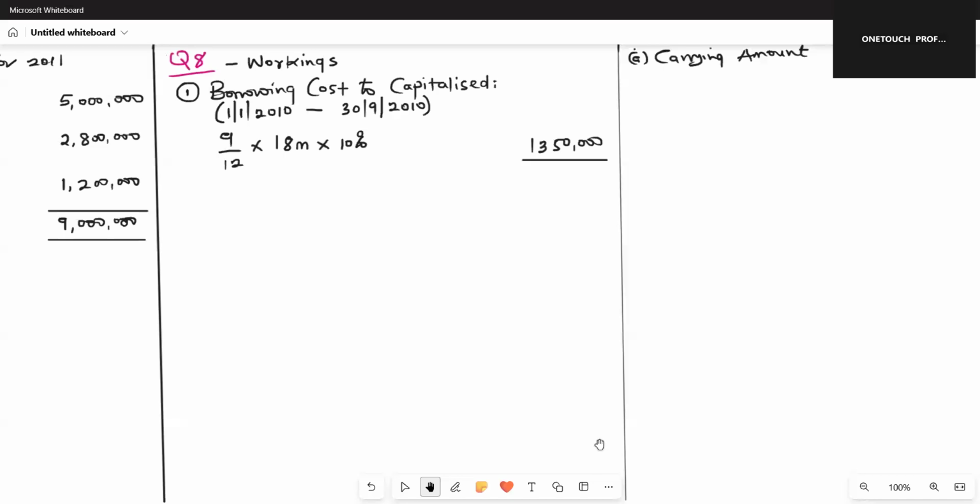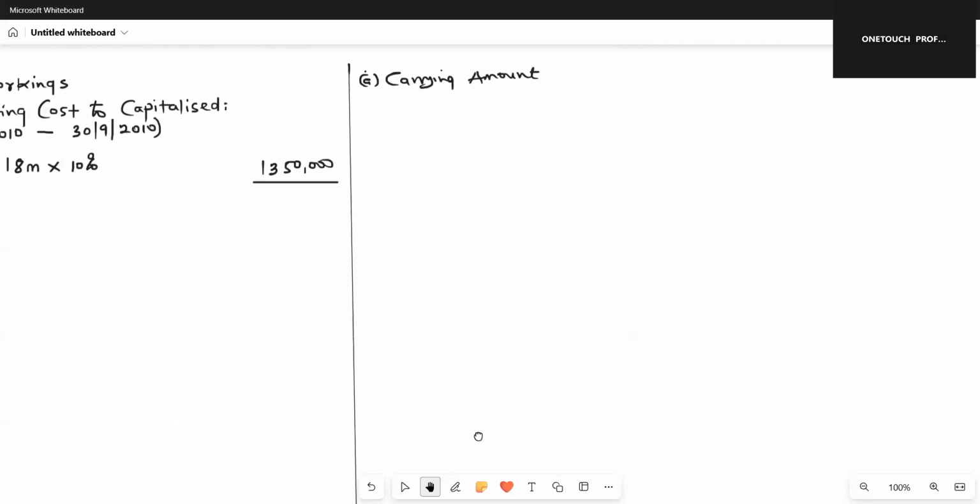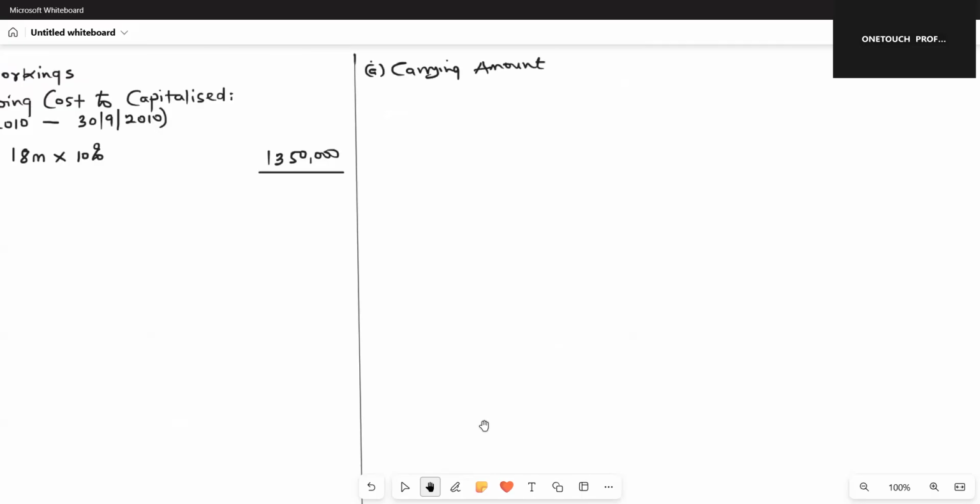Carrying amount. Let's see. So we have land, leasehold interest, which is land. We have building.